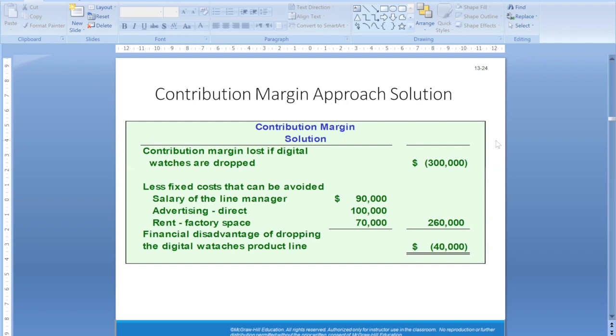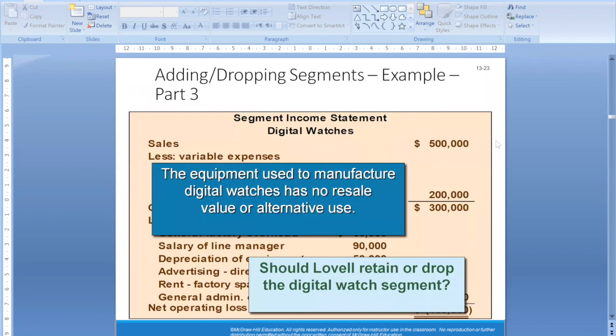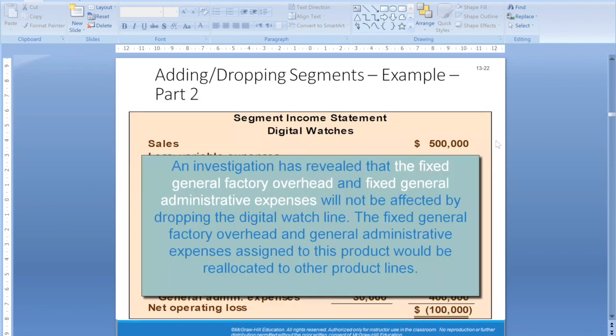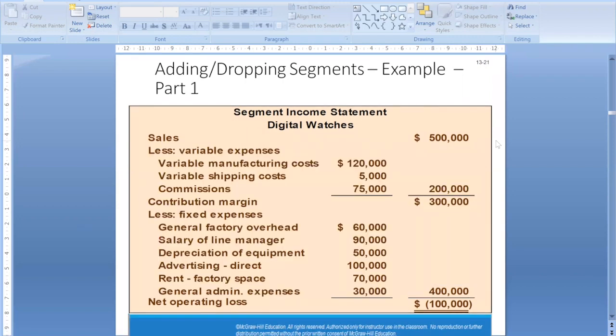Here, if we stop the digital line, go back to the income statement of the digital watches. If we stop the digital watches, we will lose the whole contribution margin of this line, which is 300,000.